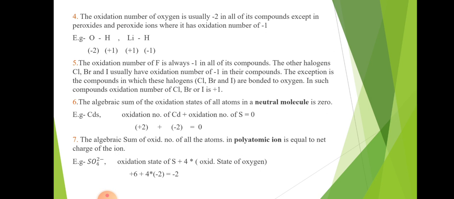The exception is compounds in which chlorine, bromine, and iodine are bonded to oxygen. In such compounds, the oxidation number of Cl, Br, or I is positive. This is the fifth rule.